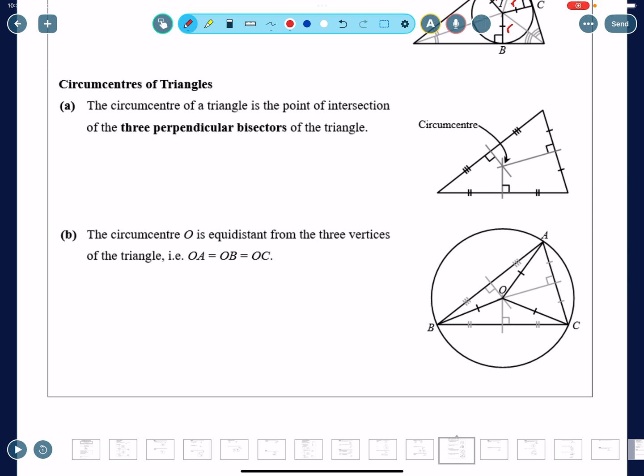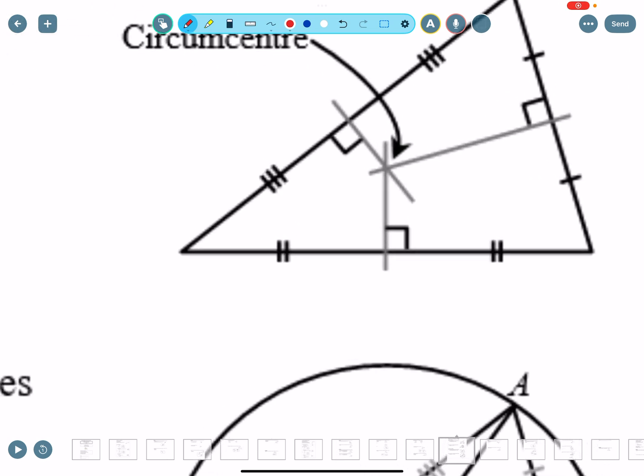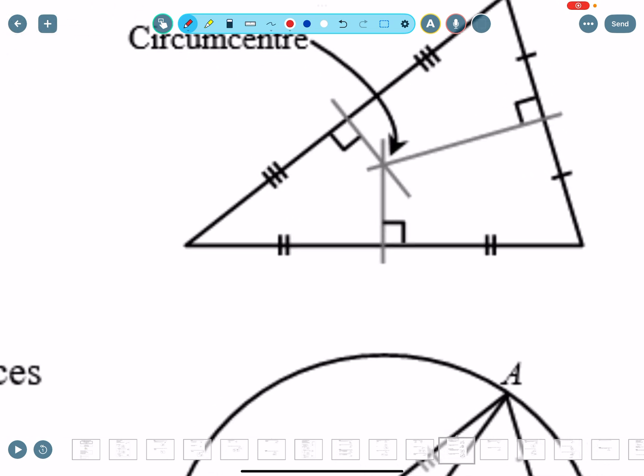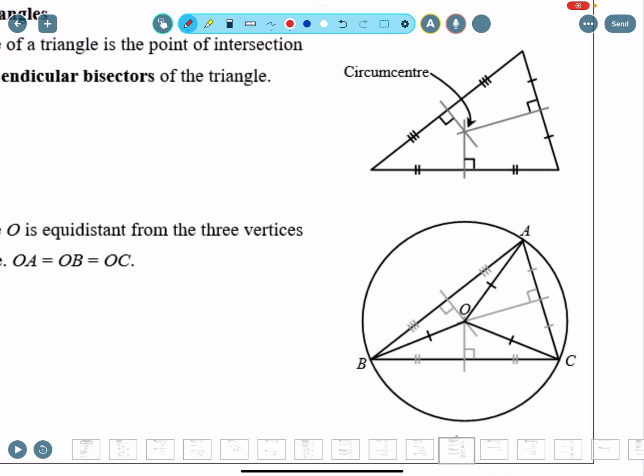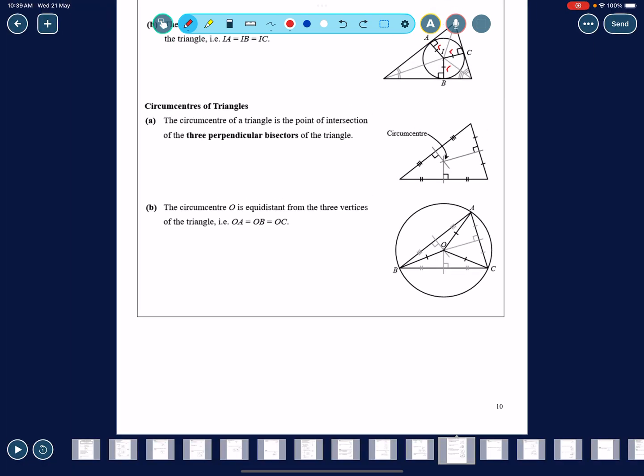Now, circumcenters of triangles is basically the same procedure, but using the three perpendicular bisectors that you learned before. So you're drawing three lines that bisect the three sides of a triangle and make sure they're perpendicular. You will come up with an intersection point called the circumcenter.